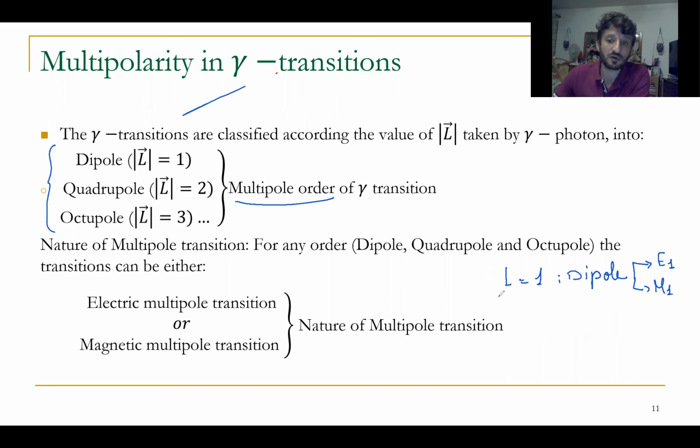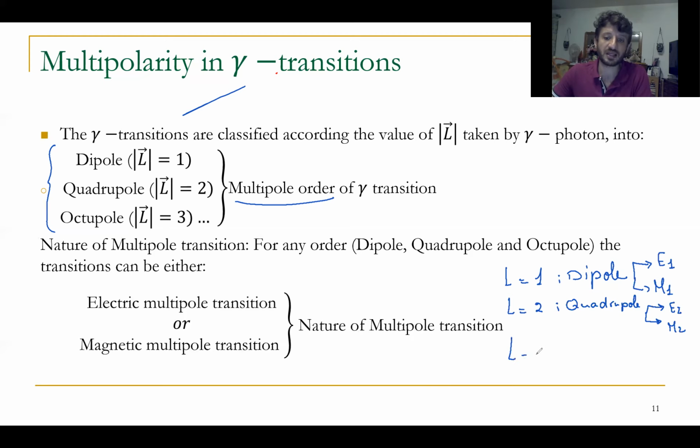Also if L equals 2, here we have a quadrupole transition. Quadrupole can be E or M: E2 or M2. So L equals 2 can be an electric quadrupole transition or a magnetic quadrupole transition.